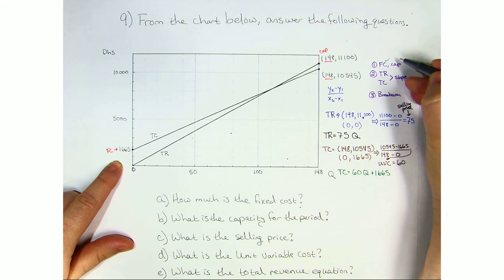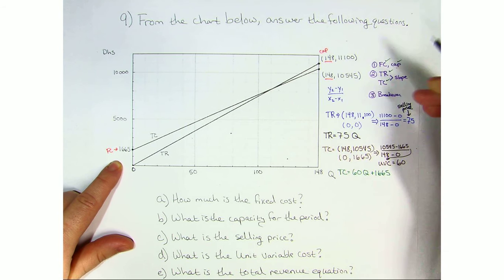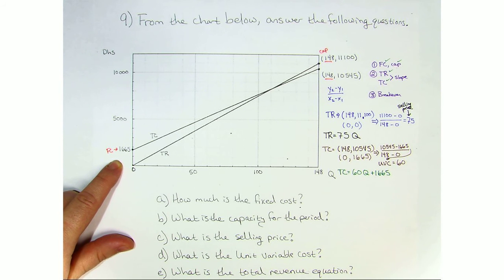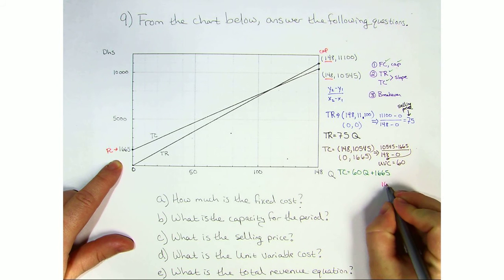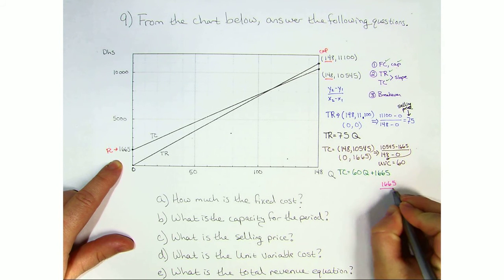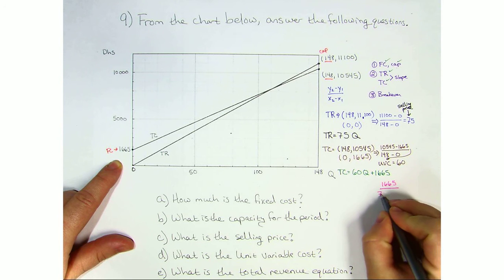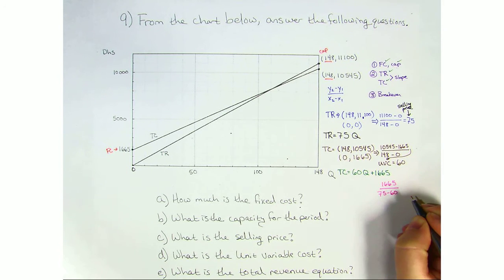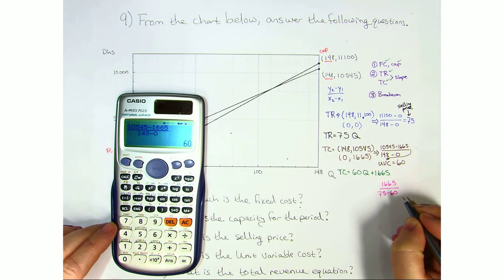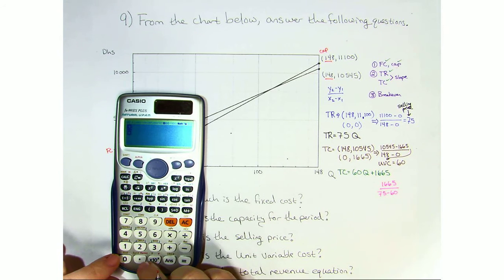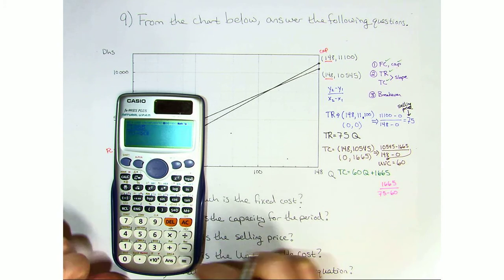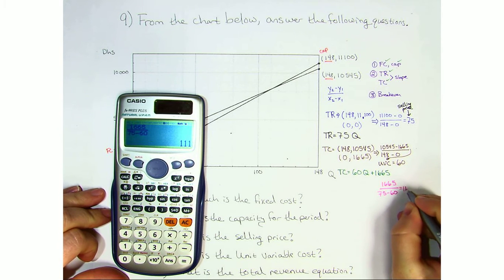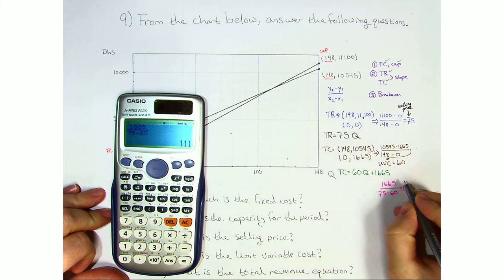Okay, so we've done fixed cost, capacity, total revenue, total cost, and the last thing we have to do is break even. Now, break even, we're going to use our unit contribution margin. So 1665 divided by 75 minus 60. Once again, get out our calculator. 1665 divided by 75 minus 60, and we get that our quantity is 111.